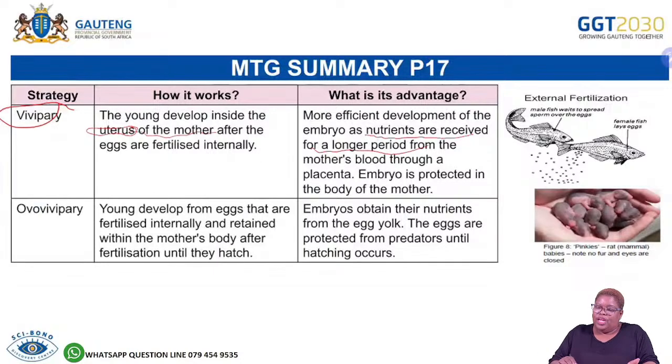Now, what we are saying, nutrients are received for a longer period, meaning that the developing embryo needs to get nourished, okay? Now, nutrients are received for a longer period from the mother's blood through the placenta. Therefore, the embryo is protected in the body of the mother.